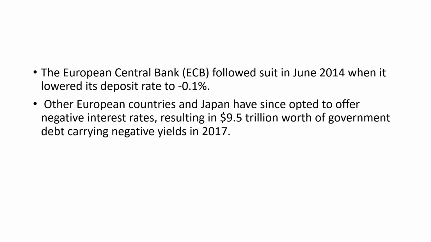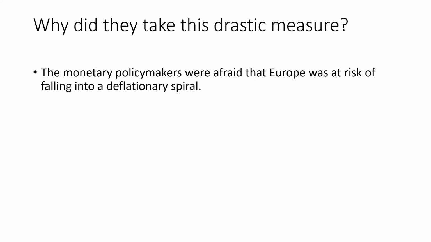The European Central Bank followed in June 2014, and it also lowered its deposit rate to minus 0.1%. There have been many other countries which too followed the same track. Some European countries and Japan have since opted to offer negative interest rates, and this has resulted in $9.5 trillion worth of government debt carrying negative yields in 2017.